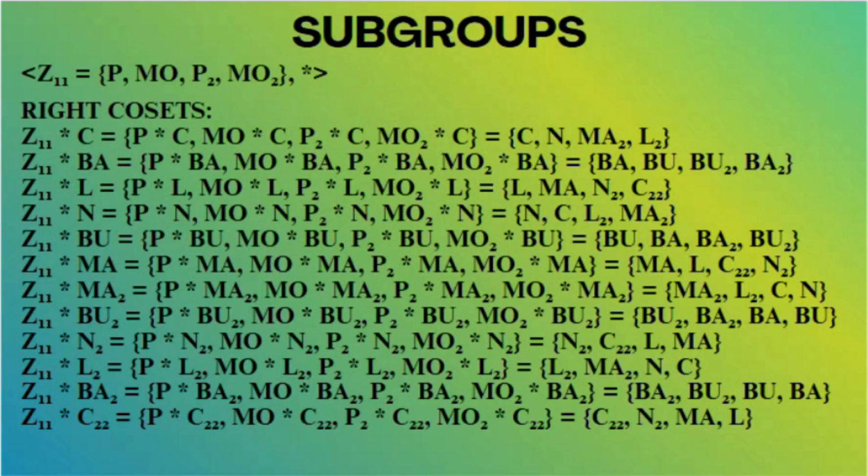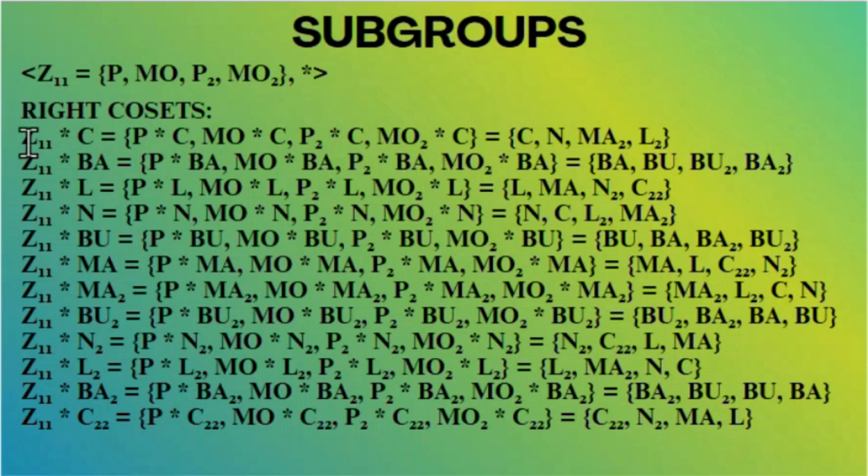Okay, for our subgroup that has 4 elements, for Z sub 11 star C, so P star C, MO star C, P2 star C, MO2 star C, it is equal to C, MA, 2, L2.